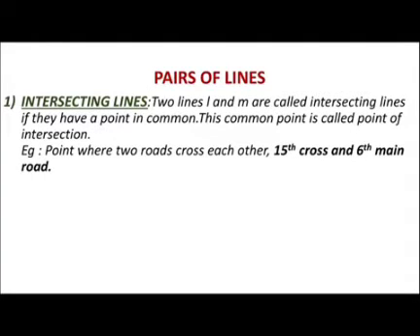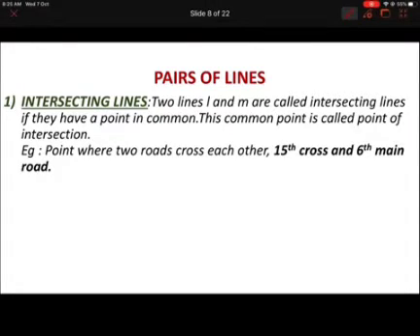Pair of lines. Now, two lines L and M are called intersecting lines if they have a common point, and that common point is called point of intersection. So, if you can recall, the roads like 15th cross and 6th main, they meet at a point, is it not? Suppose this is 15th cross, then 6th main will be like this. I think all of you know this.